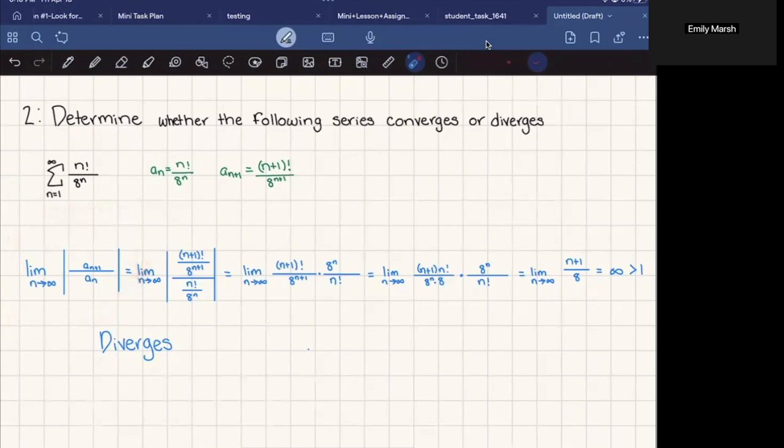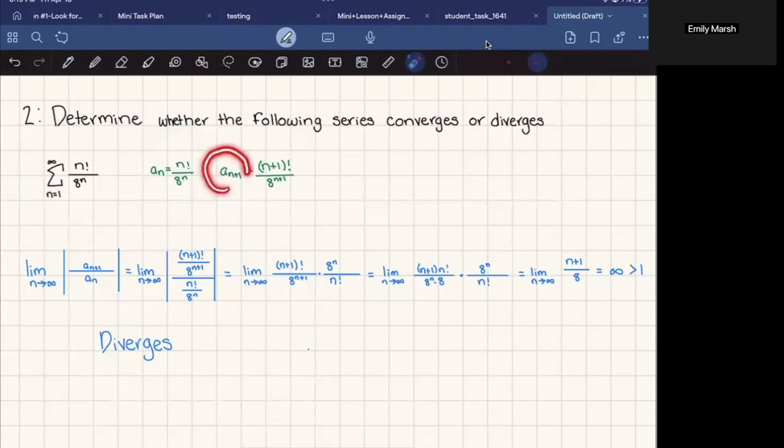Our first step is to determine what our a sub n is and what a sub n plus 1 is. So a sub n is just our series itself. We're just leaving the n alone. So a sub n in this case is n factorial divided by 8 to the power of n.